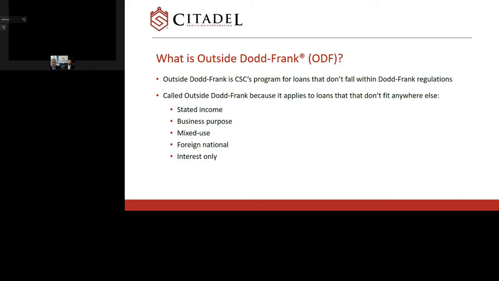Now, we are going to follow certain rules and try to meet certain items of ATR, especially on 1 to 4 unit properties, and we are actually going to be stating income. But as far as the documentation we're going to be providing, depending on what we're going to be calling this particular type of loan, whether it's a business purpose loan or a debt service coverage ratio loan, DSCR, is going to determine what we actually need for documentation. So let's keep moving on through.